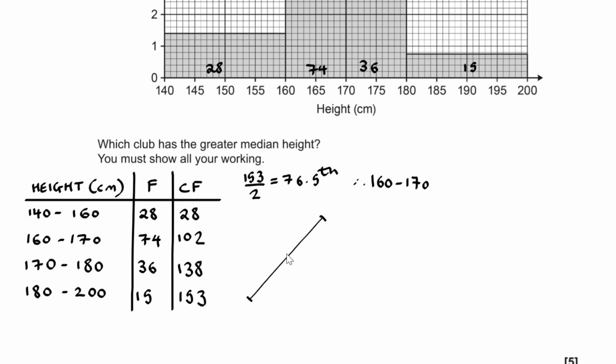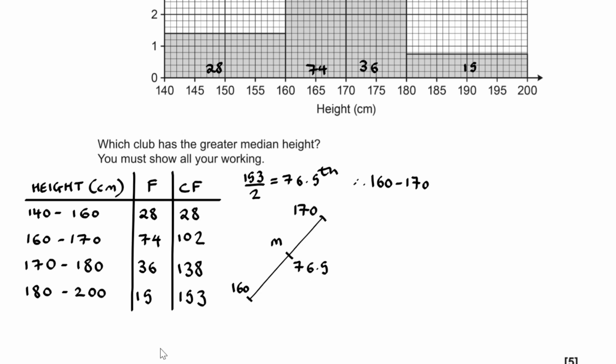We've got the median over here with a value of 76.5. And well, what we can see then is the median is in between 160 and 170. So we've got 160 here, 170 over here.